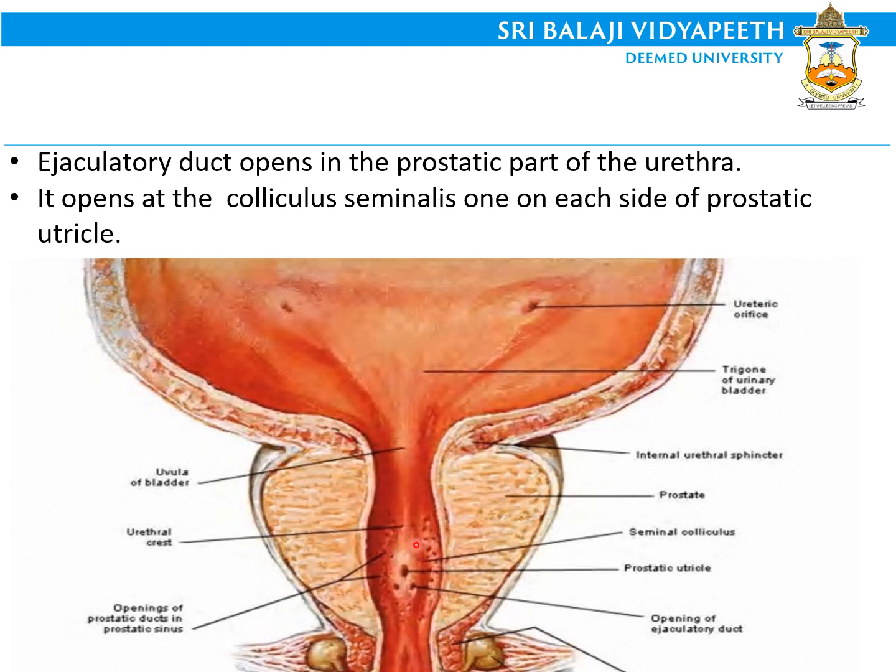This ridge here is called the urethral crest, and in the middle of the urethral crest lies an elevation called the colliculus seminalis or the verumontanum. On the verumontanum opens the prostatic utricle in the middle, and on either side of the opening of the prostatic utricle open the two ejaculatory ducts. So the two ejaculatory ducts open at the colliculus seminalis, one on each side of the prostatic utricle.